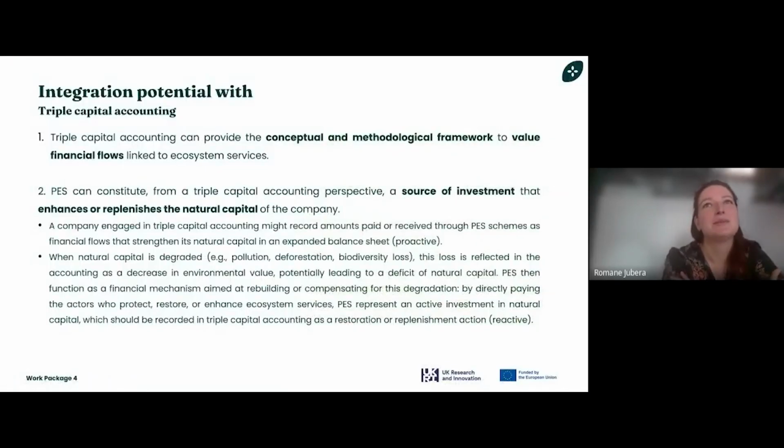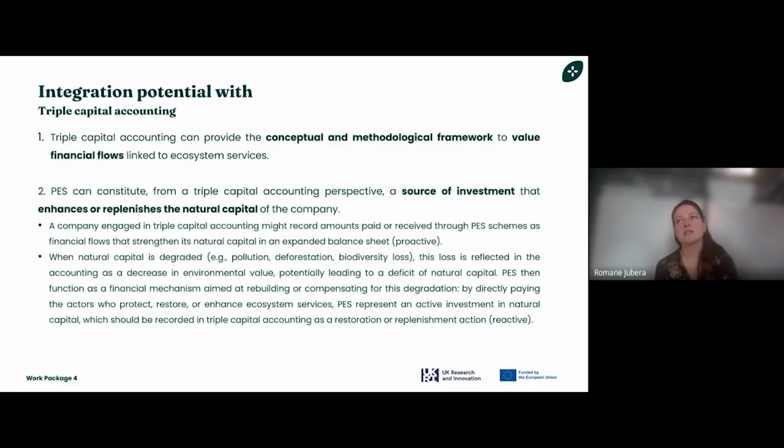So first, regarding triple capital accounting. What we think is that triple capital accounting can provide a conceptual and methodological framework to value the financial flows that are linked to ecosystem services. And also, PES schemes can constitute, from a triple capital accounting perspective, a source of investment to enhance or replenish the natural capital of the company.